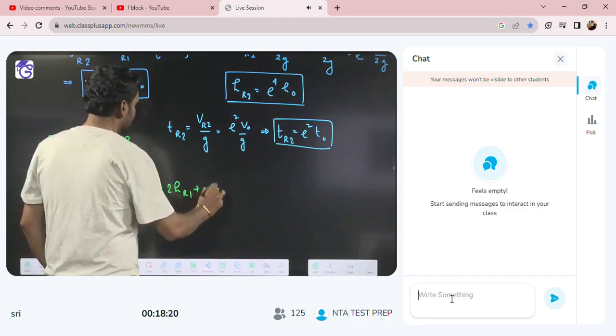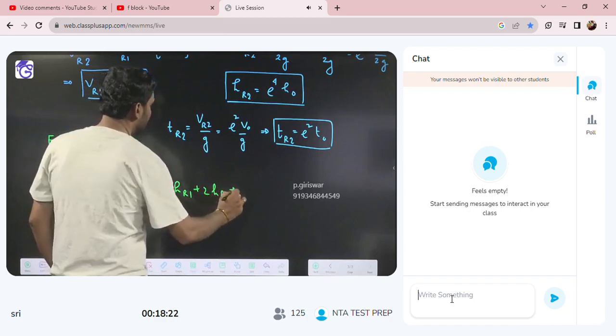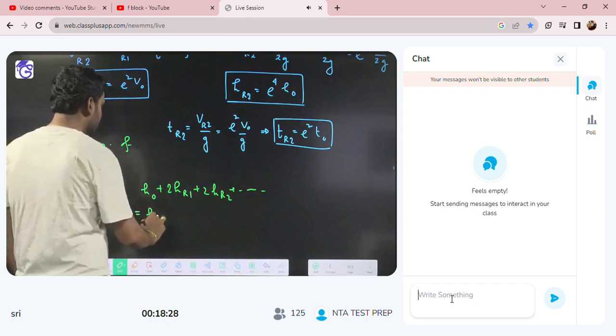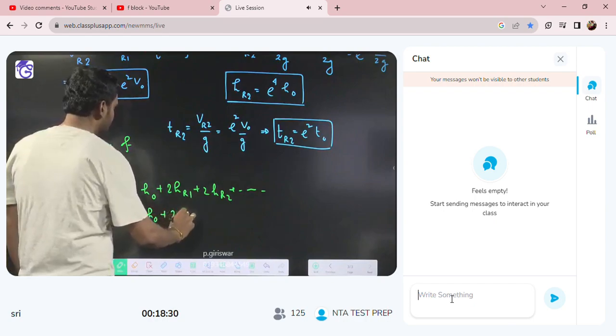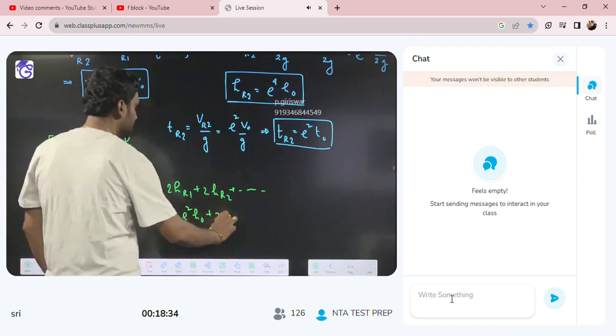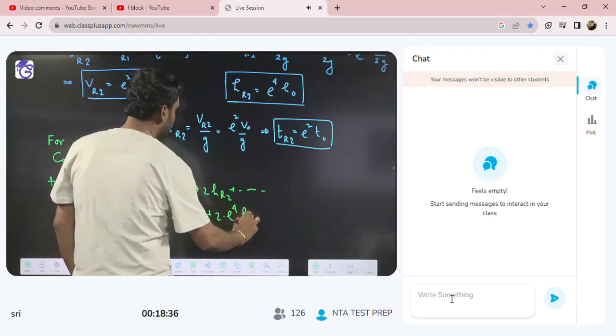Similarly 2HR2, and it goes on. If you substitute the values, H naught plus 2 E square H naught plus 2 E to the power 4 H naught, and it goes on.